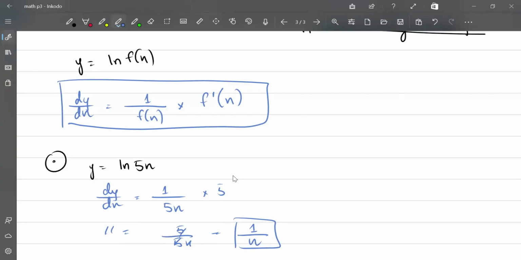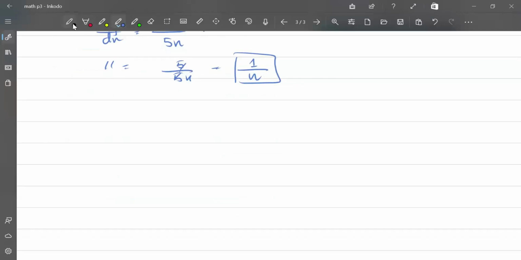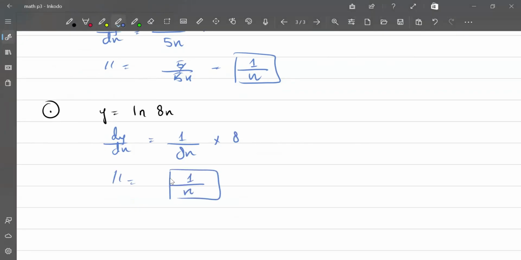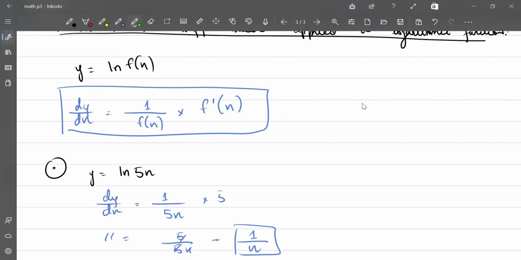Another question: y is equal to ln 8x. So dy/dx would be 1 upon f(x) into f'(x), which is 8. So it is going to be 1 upon x as well. This is how simple it is to differentiate logarithmic functions. You only should remember this general rule.